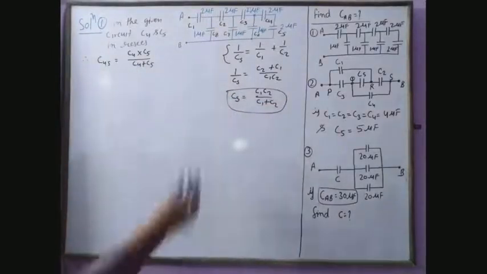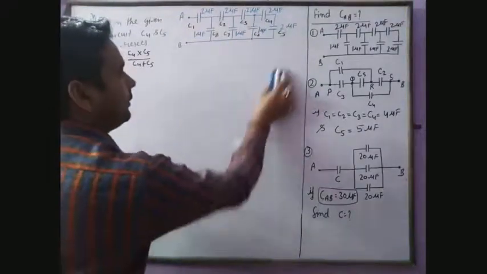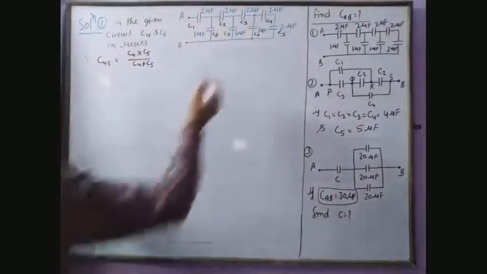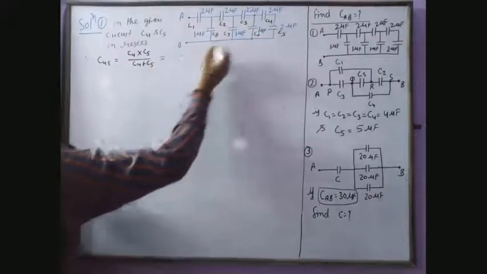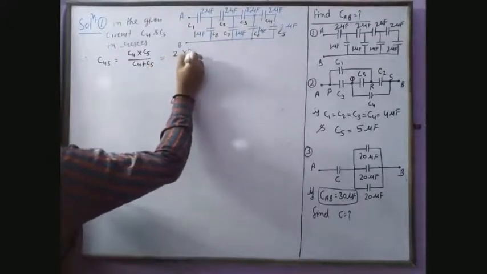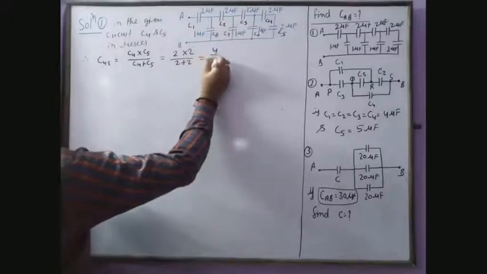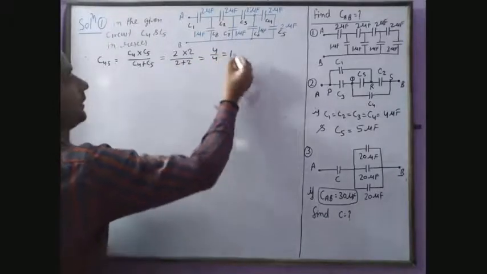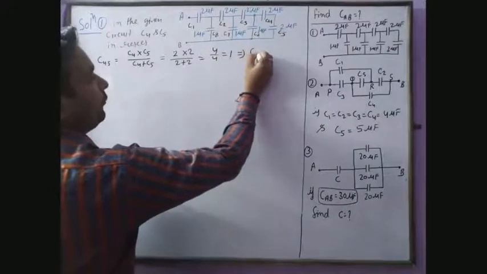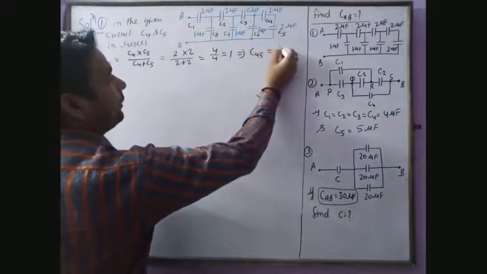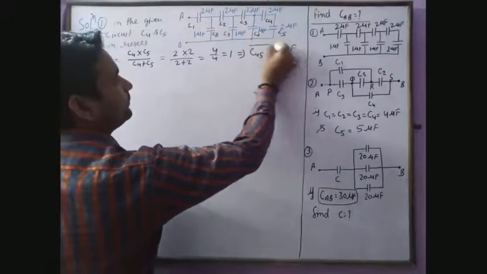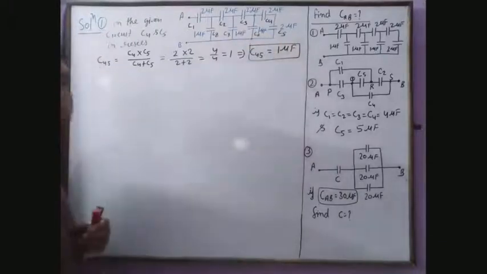Okay, now by using this formula we get 2 into 2 upon 2 plus 2, which gives 4 by 4, that is 1. That is, C45 is equal to 1 microfarad. This is the first solution.